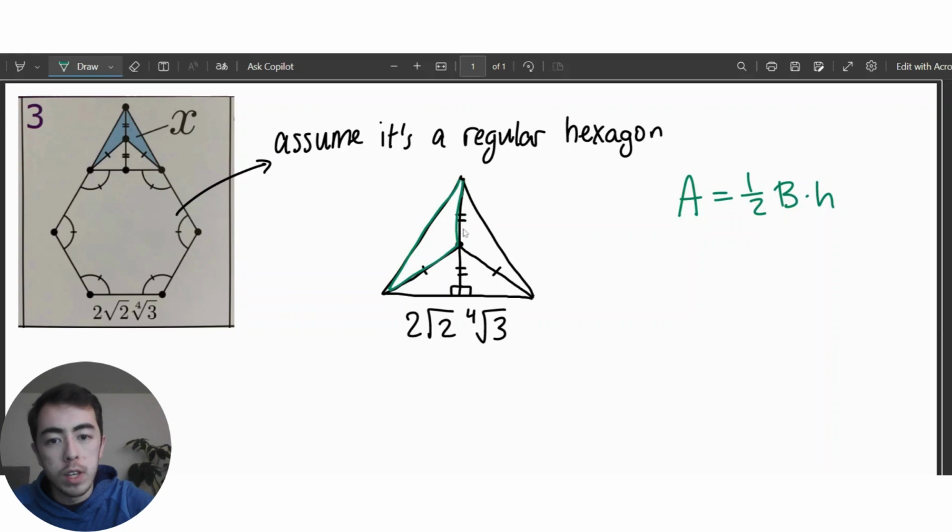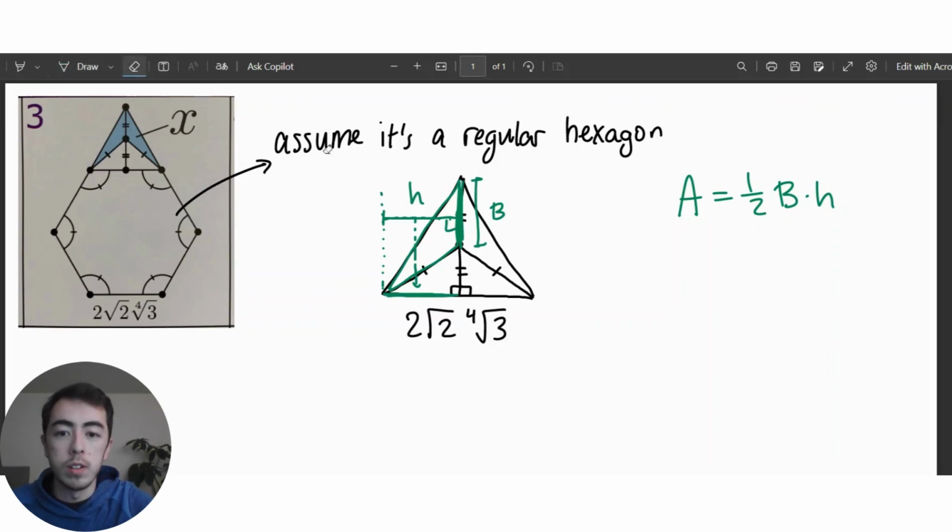I could say that the base is right here, and the height has to be perpendicular to the base, so it's basically like this. This right here is my height, this right here is my base, and looking a little bit down, this part right here is equivalent to the height of my triangle.